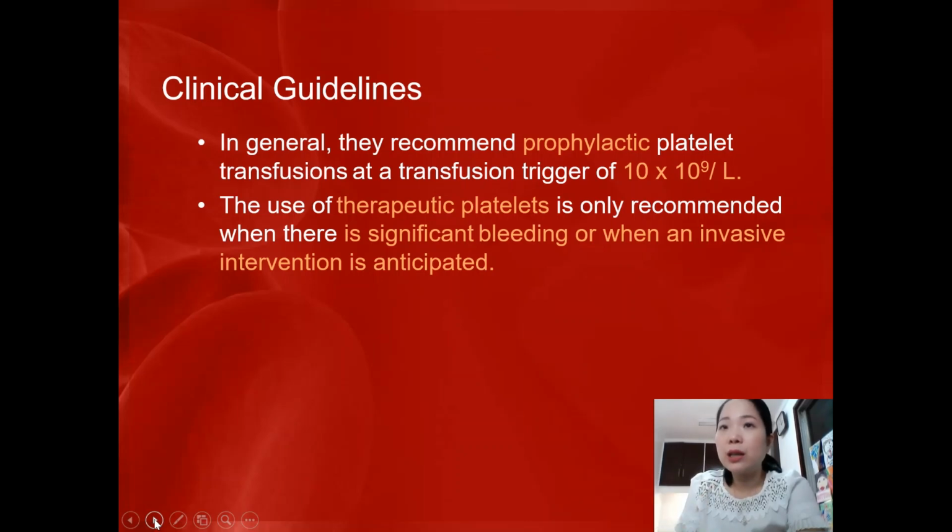Generally, they recommend that prophylactic platelet transfusion can be given at a trigger platelet level of 10,000. And the use of therapeutic platelets is only recommended when there is significant bleeding or when an invasive intervention is anticipated.